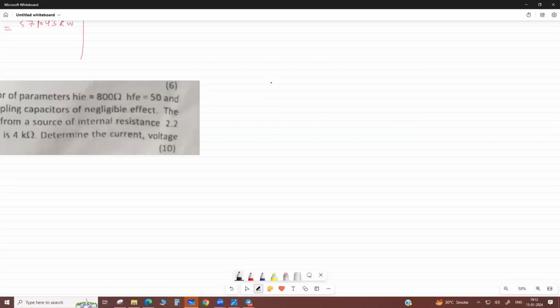So we write NPN common emitter transistor amplifier. If we make the common emitter circuit, this is your NPN transistor, with its symbol here, the emitter. This emitter is common here.